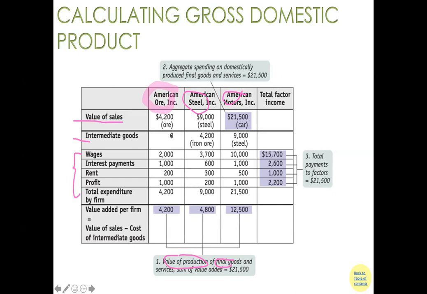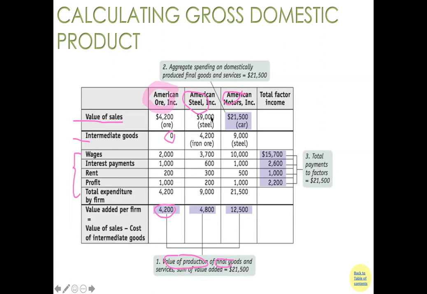And that comes with no cost because it's just extracted from nature, not manufactured, right? So intermediate goods is zero. Hence, we can easily find out their value added is 4,200, right?